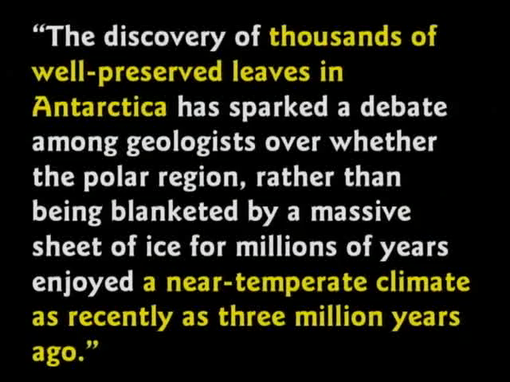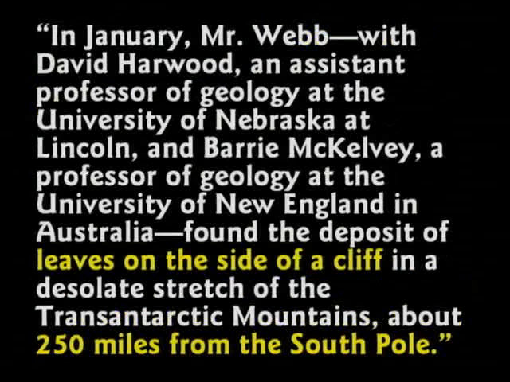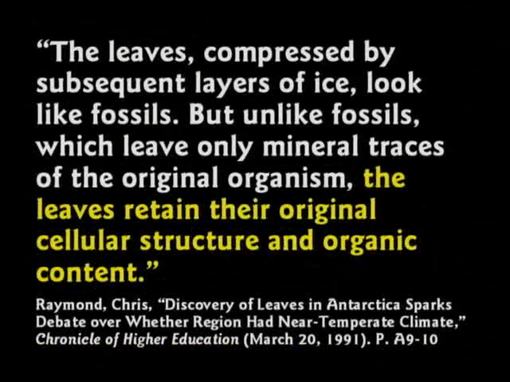How about this article? The discovery of thousands of well-preserved leaves in Antarctica has sparked a debate among geologists over whether the polar region, rather than being blanketed by a massive sheet of ice for millions of years, enjoyed a near-temperate climate as recently as 3 million years ago. In January, Mr. Webb, with David Harwood, an assistant professor of geology at University of Nebraska in Lincoln, and a couple other guys, found a deposit of leaves on the side of a cliff in a desolate stretch of the Trans-Antarctic Mountains, about 250 miles from the South Pole.